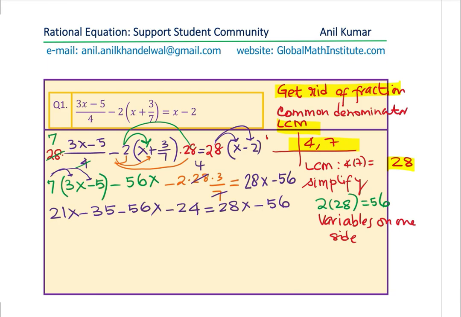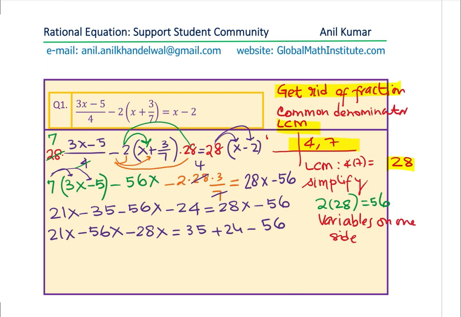So we have, in this case, let me rewrite this as 21x minus 56x, and I'm bringing 28x on this side, it becomes negative 28x, and all the constant terms on the right hand side. So 35 plus 24 minus 56.